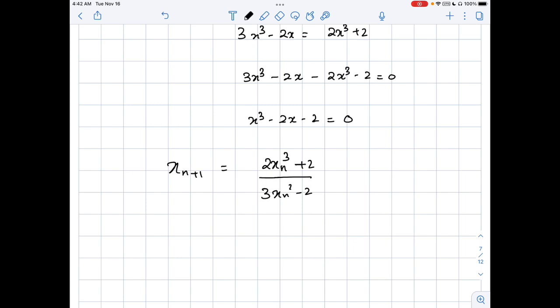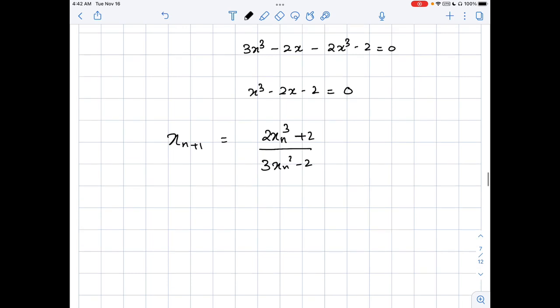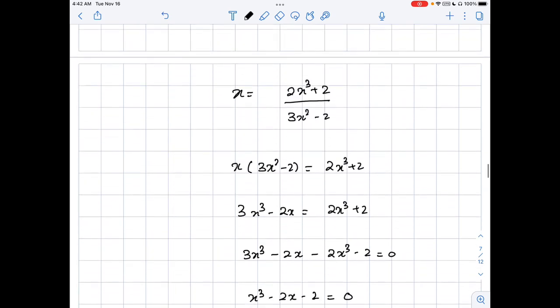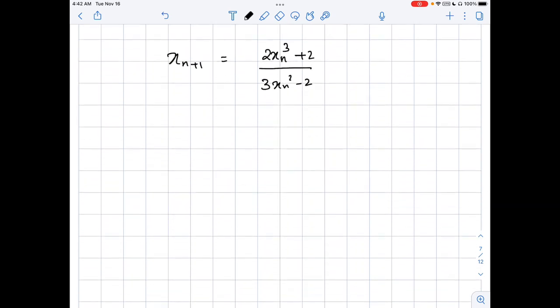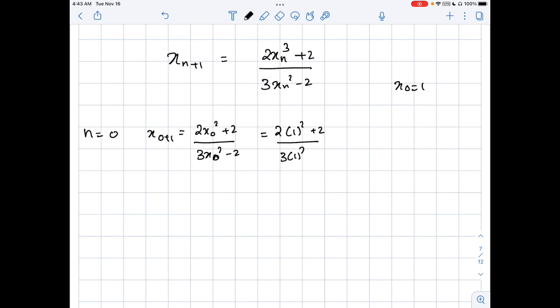We know that the root lies between 1 and 2, so I start with 1. x0 is equal to 1. Let n is equal to 0. So x1 is equal to 2 times x0 cube plus 2 upon 3 times x0 square minus 2, which is 2 times 1 cube plus 2 upon 3 times 1 square minus 2.